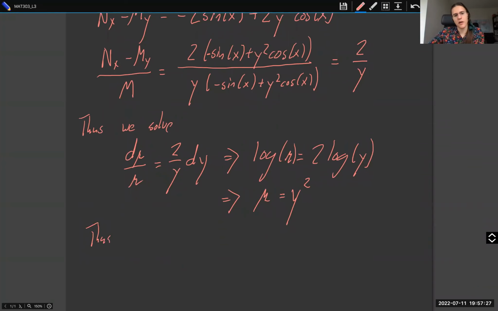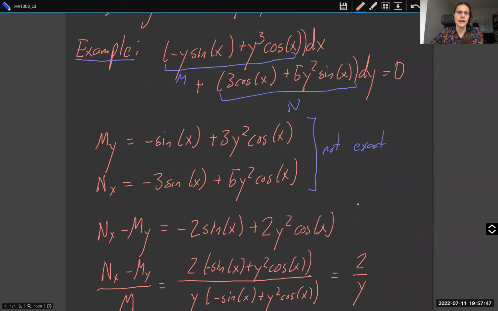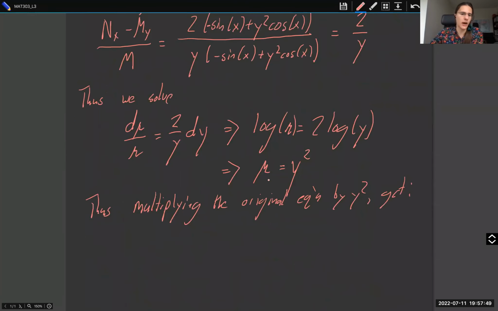Thus, multiplying the original equation by y squared gets, okay, and then it's this thing right here, but I'll just write down what you get as I have it on paper.